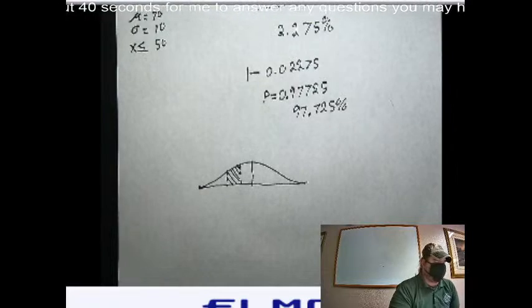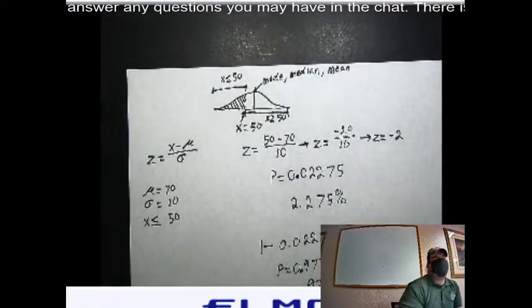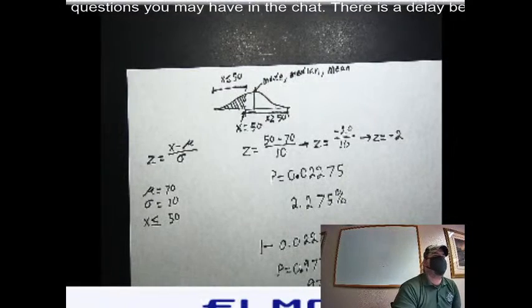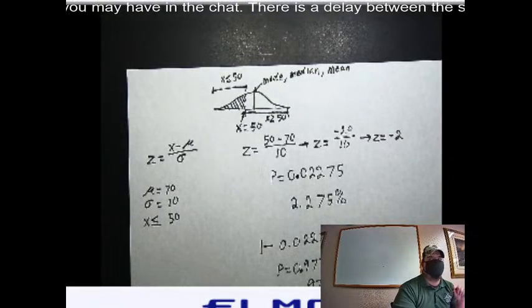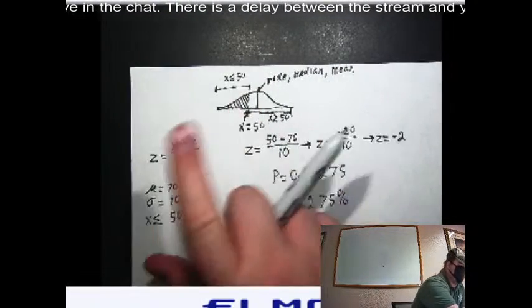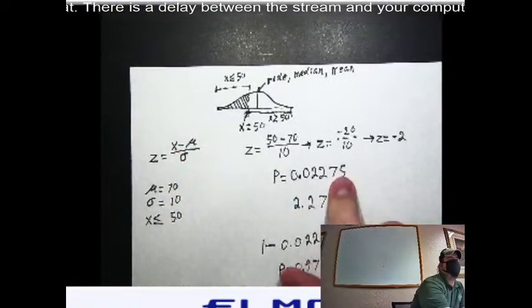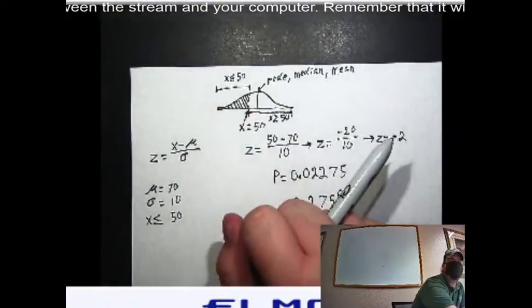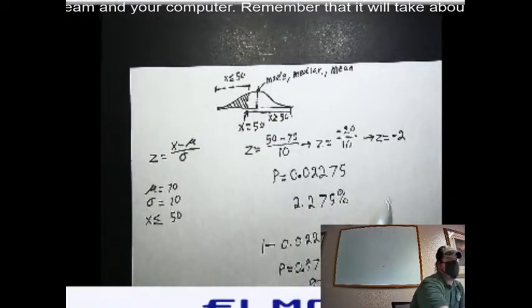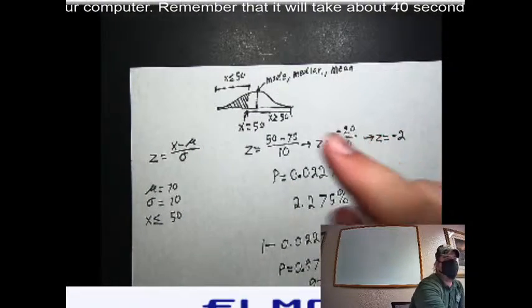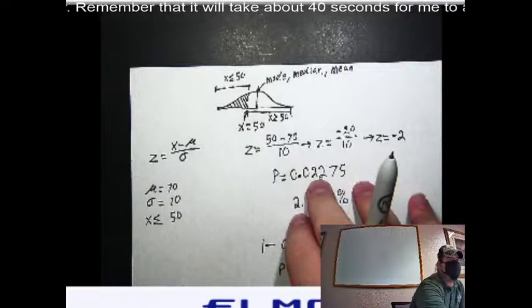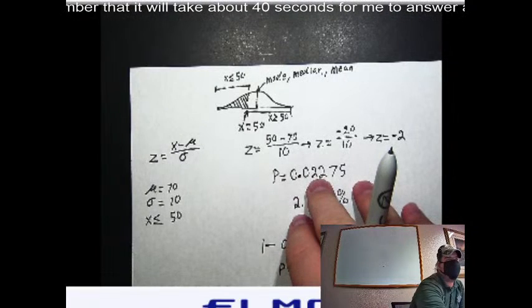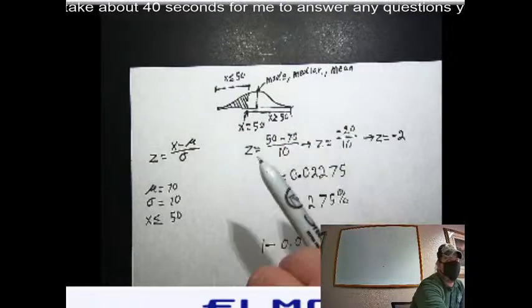Okay, so let's think about it. Like we said before, we know how to calculate above and below. If we want to calculate below, it's pretty easy. We just plug in our numbers, get our z-score, and look it up. And that'll give us what's below. If we want to get what's above, again, we do the same thing, get that probability, but then subtract it from 1 to get the other side.